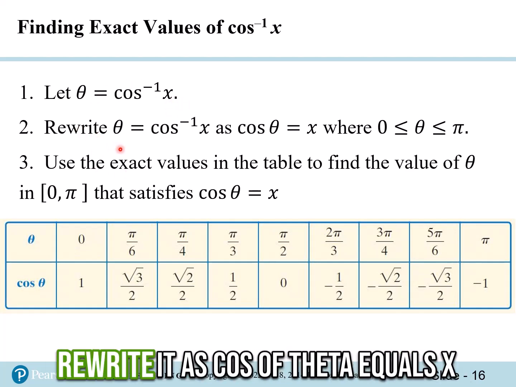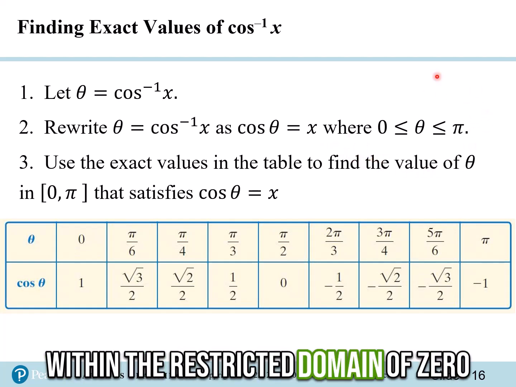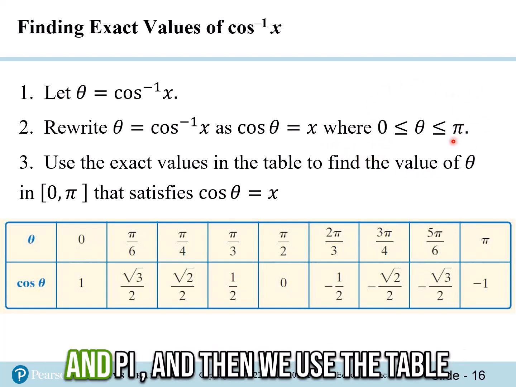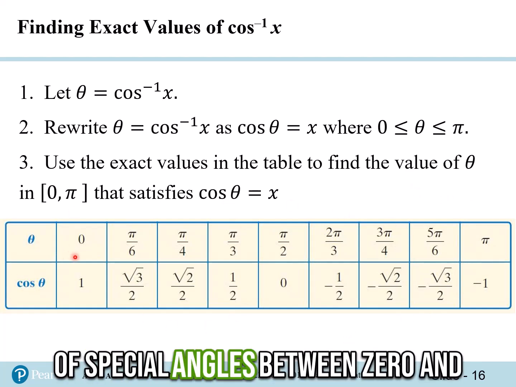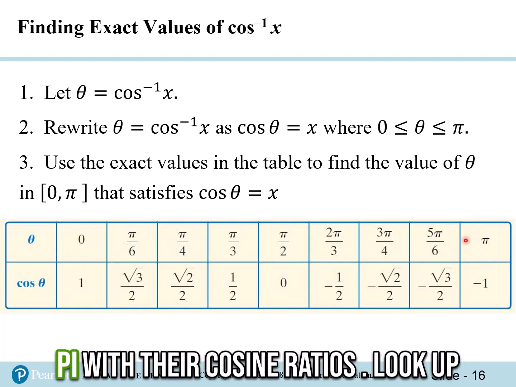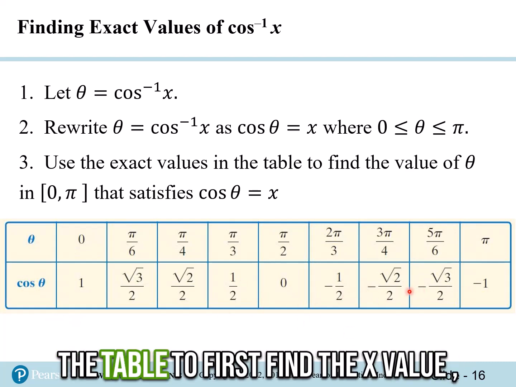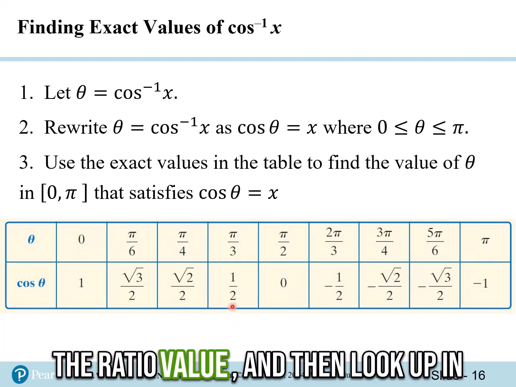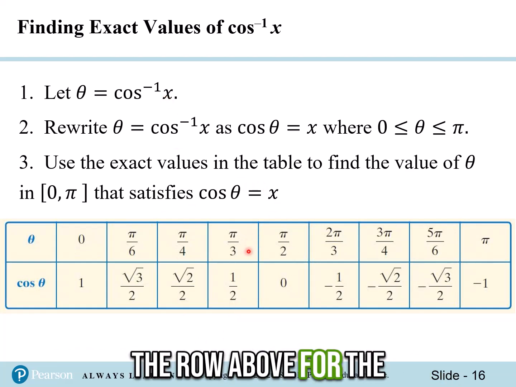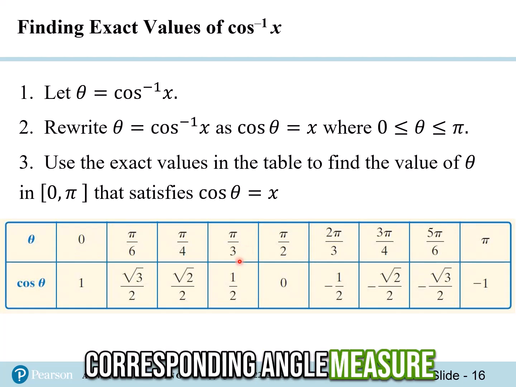And then we rewrite it as cos of theta equals x within the restricted domain of 0 and pi, and then we use the table of special angles between 0 and pi with their cosine ratios. Look up the table to first find the x value, the ratio value, and then look up in the row above for the corresponding angle measure.